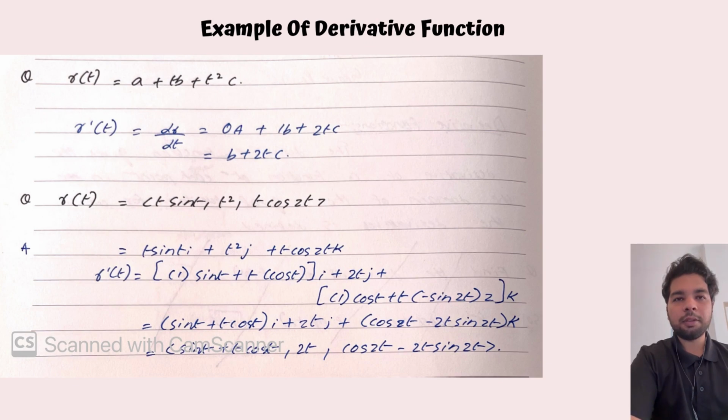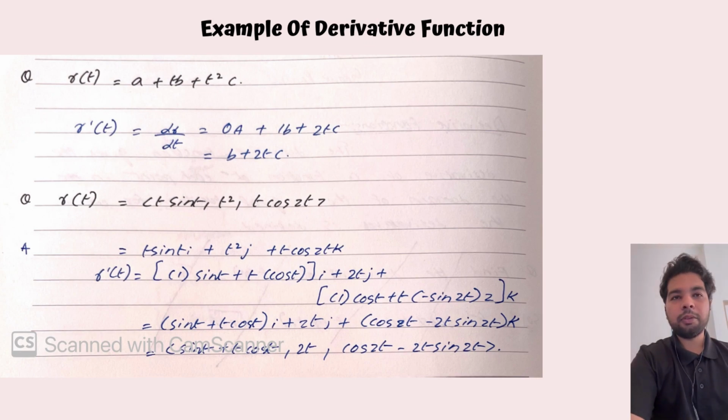This is for the last function. Now we just have to simplify. So sin t plus t cos t i for the first function i, this is it. Then for the second function 2t j, plus for the last function cos 2t plus 2t sin 2t.